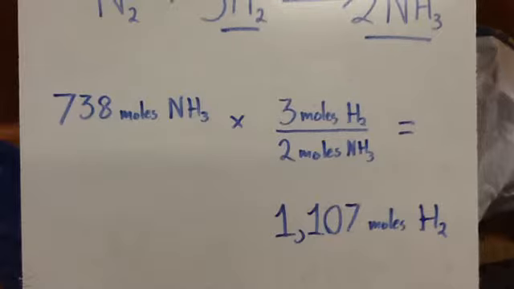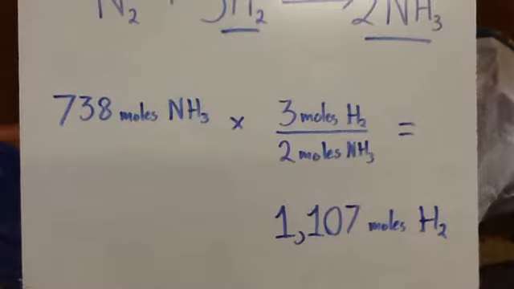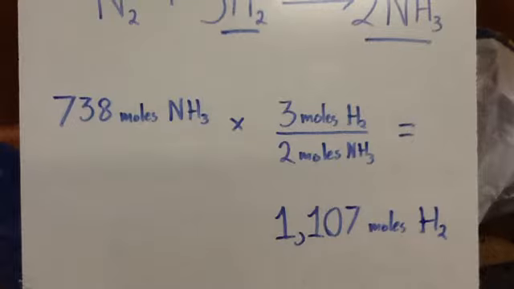So we're going to do 738 moles of ammonia times 3 moles of hydrogen divided by 2 moles of NH3. All right, 2 moles of ammonia.